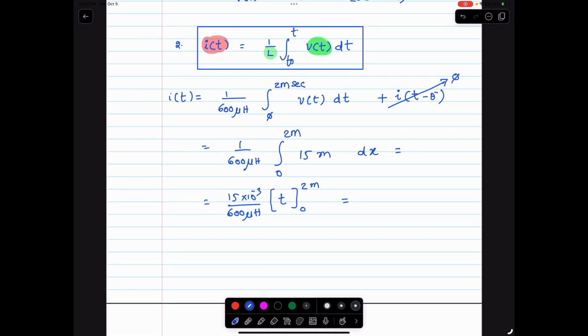Once we plug in the values of 2 milli and 0, the answer is i of t is 25t. That is what we are after.